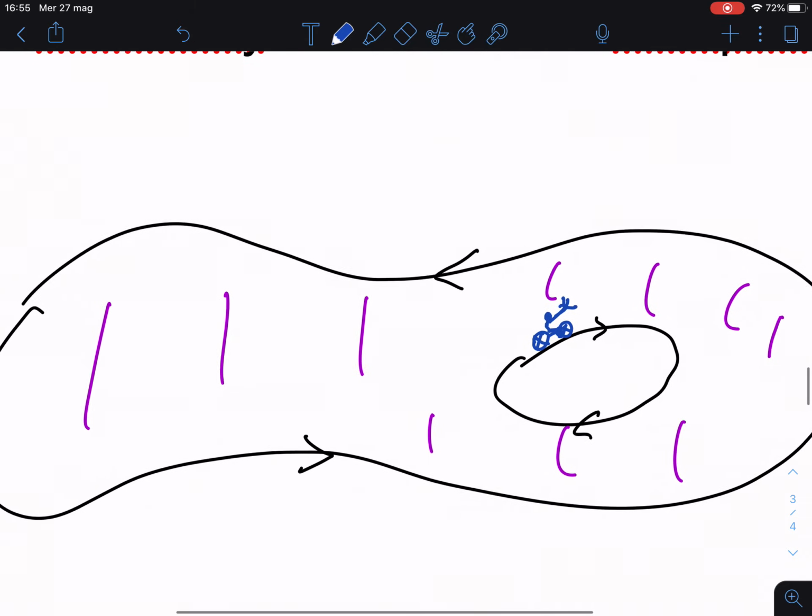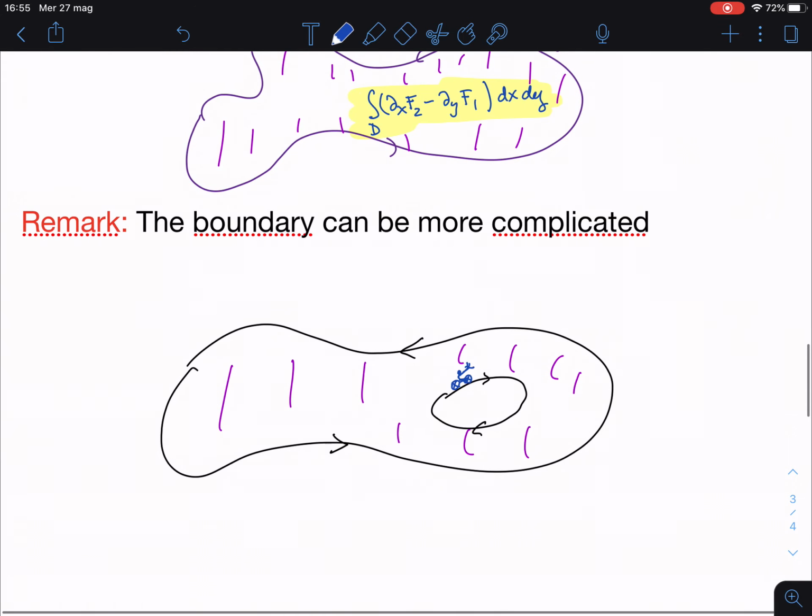Okay? So be careful whenever you want to associate counterclockwise and positivity. This is true for the external boundary, but if you have holes, you also have some internal boundary, and everything changes.